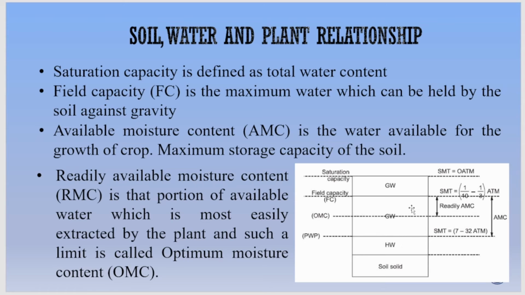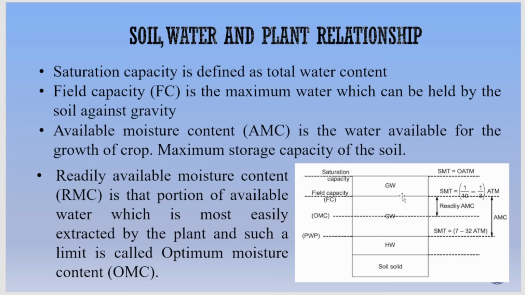If the void is completely filled with water, we call it saturation. If it is less than the saturation level, if there is air available in the void, we call it bulk condition. That's what your three-phase diagram explains. Here also the same thing is applied. If the water is fully filled in all the voids, we call it saturation capacity.